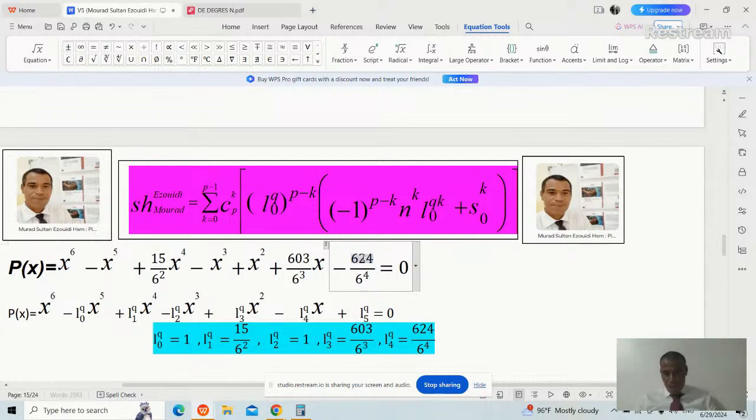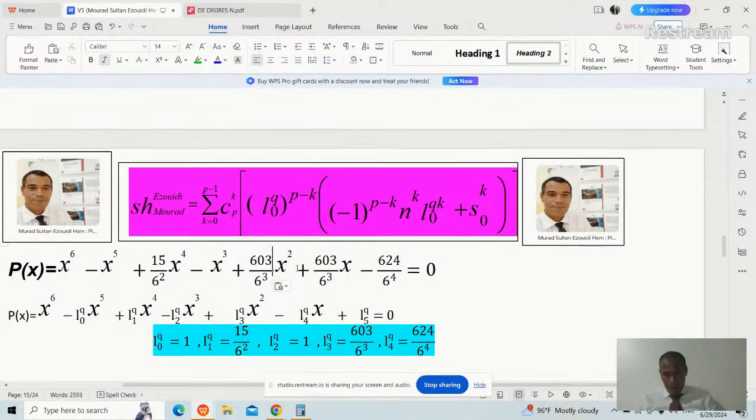Okay, of course, this is x to the power 6 minus x to the power 5 plus 15 over 6 squared x to the power 4, minus x cubed plus x cubed. We repeat this again, and this one comes here. Okay, plus, so L3 plus L3, yes, this one L3. So this one comes here.